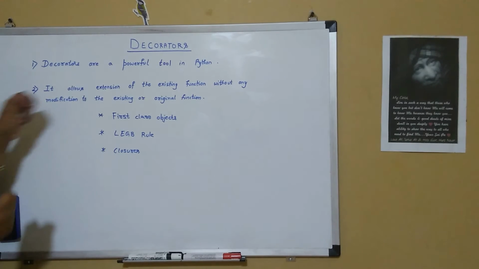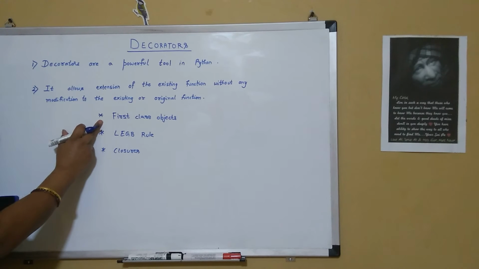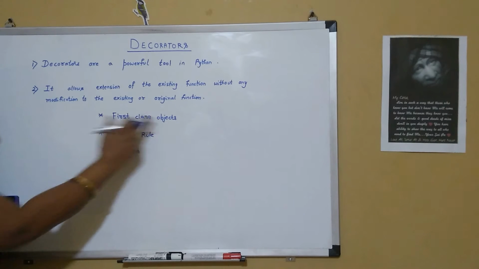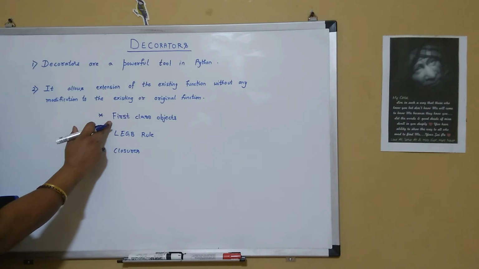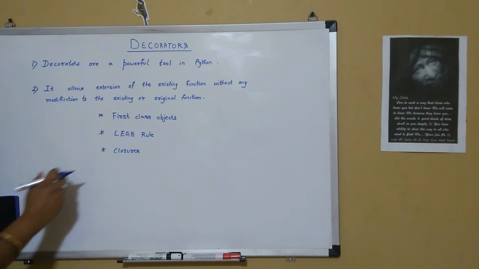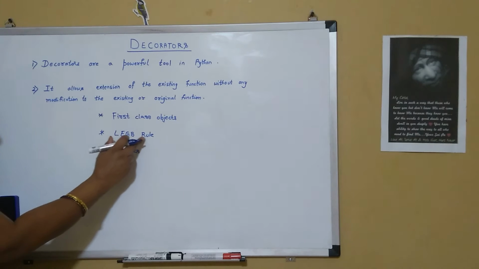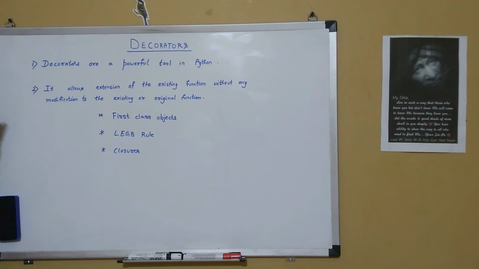So to understand decorators in detail, we have to first understand what first class objects mean and how functions satisfy the condition to be called first class objects. And we have to understand the LEGB rule in functions and closures in functions.